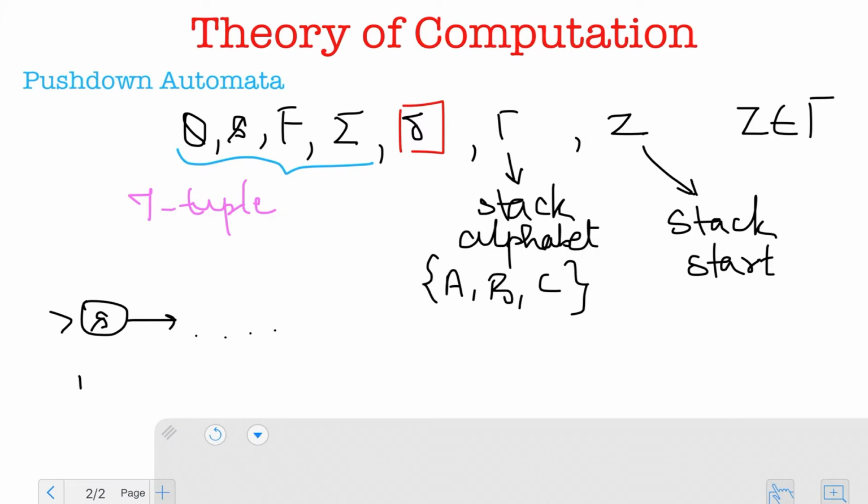And we also have the stack, and initially the stack is going to contain Z, which is the stack start symbol. So this completely defines a pushdown automaton, and we need to now consider the transition function.